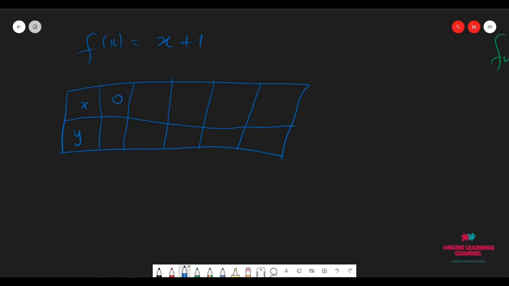So if our input is 0, we plug in 0 here, we'll get our output as 1. If our input is 1, if we plug in 1 here, we'll get 2. If our input is 2, we plug in 2 here, so it will be 2 plus 1 giving us 3. If it's 5, it will be 5 plus 1 giving us 6. If it's 10, that means this would be 10 plus 1 giving us 11.